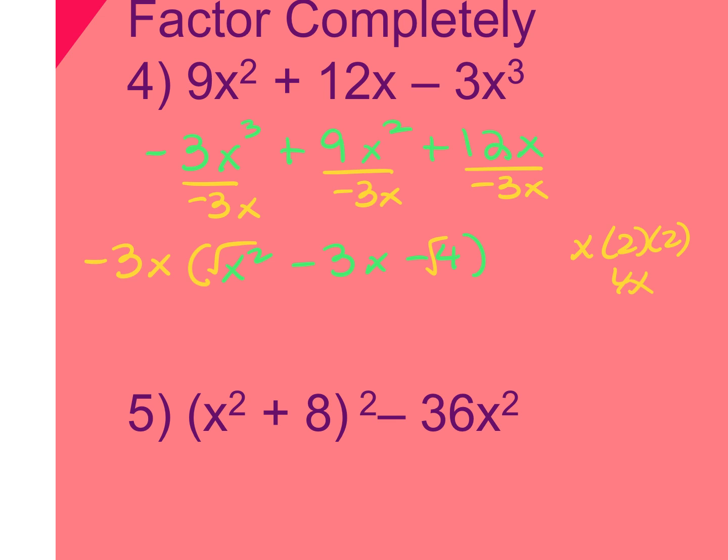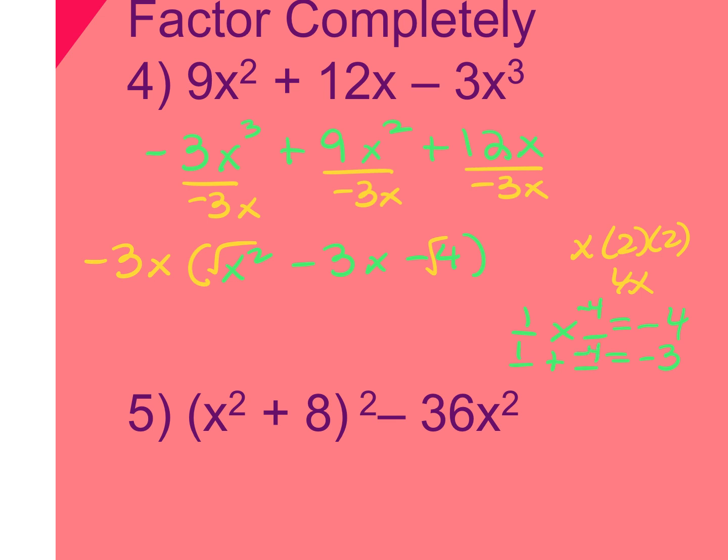So what I'm looking for are two numbers that multiply to give me negative 4, but will add to give me the middle term, negative 3. Once I figure out my factors of 4, it's either going to be positive 1 times negative 4 or positive 2 times negative 2, but the one that works is positive 1 times negative 4.